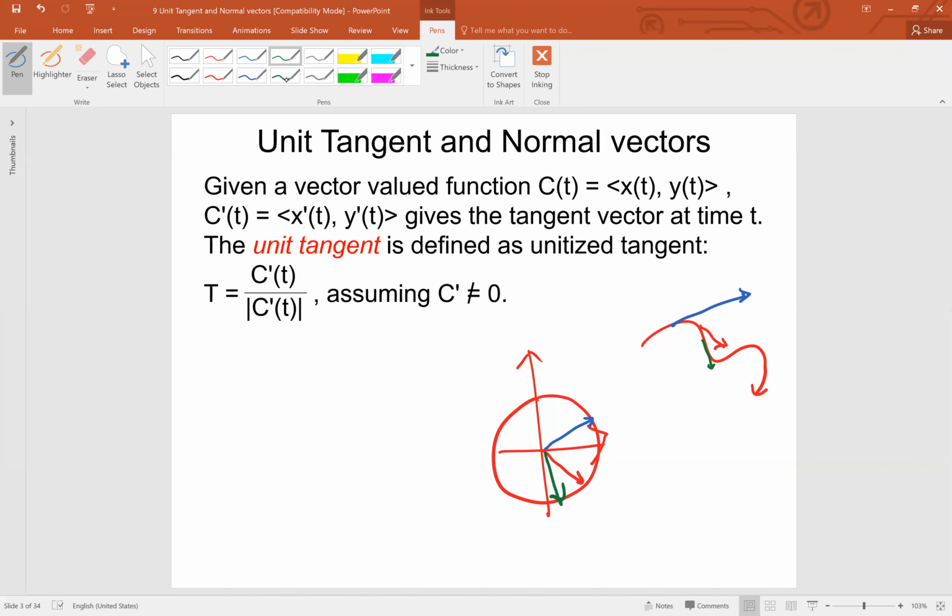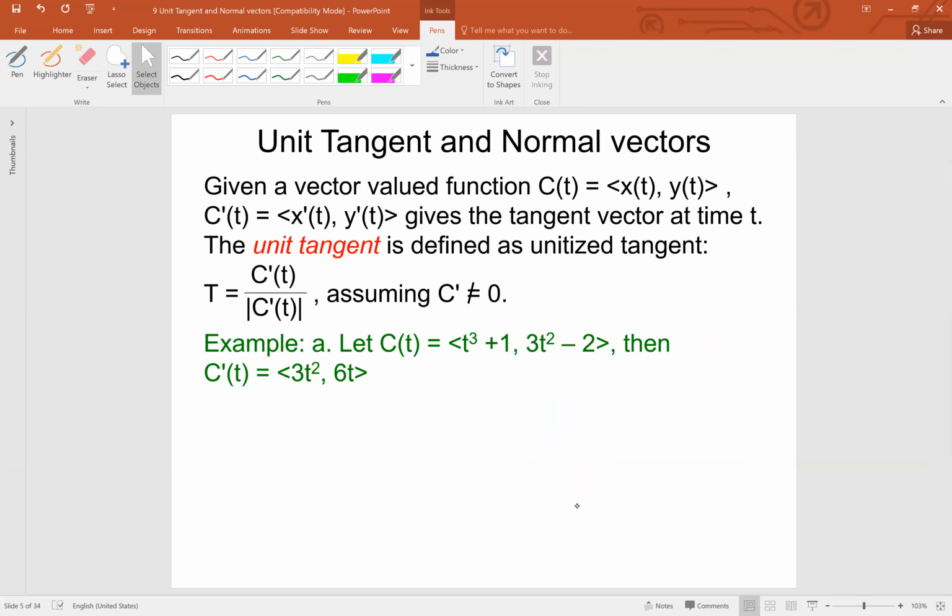So the unitized tangent functions, basically I'm watching these points traveling on this curve, on the circle. And the consequence of that is if I were to take the derivative, it will be perpendicular to the unit tangent.